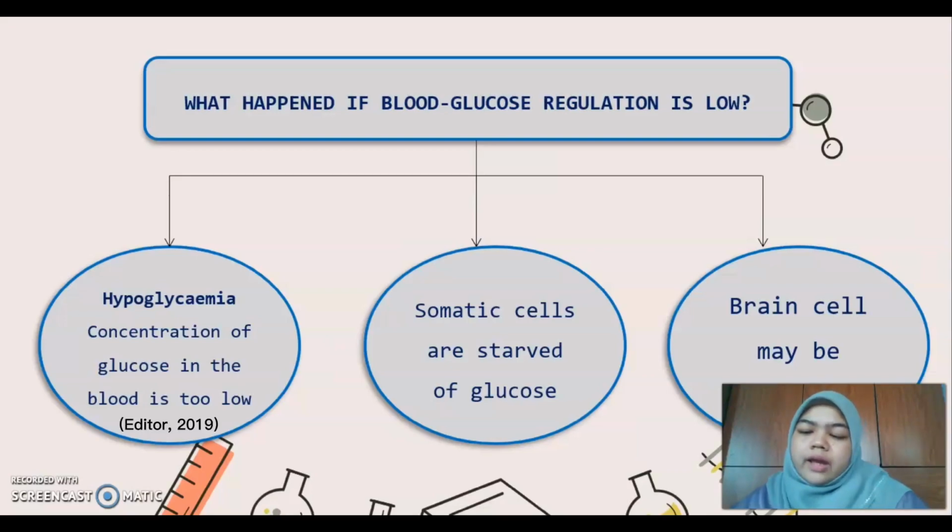It can be caused by too high a dose of medication, which will affect the somatic cells. Somatic cells are starved of glucose and brain cells may be damaged. The main symptoms of hypoglycemia are sweating and feeling dizzy.